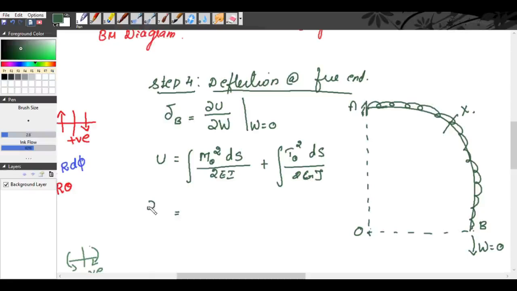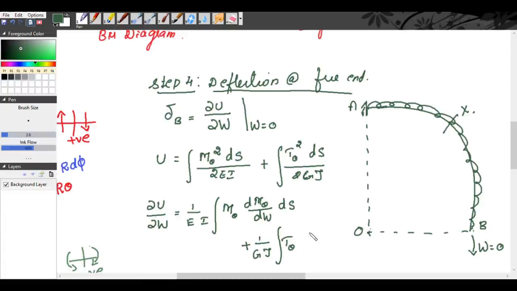So dou U by dou W is 1 by EI into the integration of M theta into dM theta by dW into ds, plus 1 by GJ of the integration of T theta into dT theta by dW into ds.